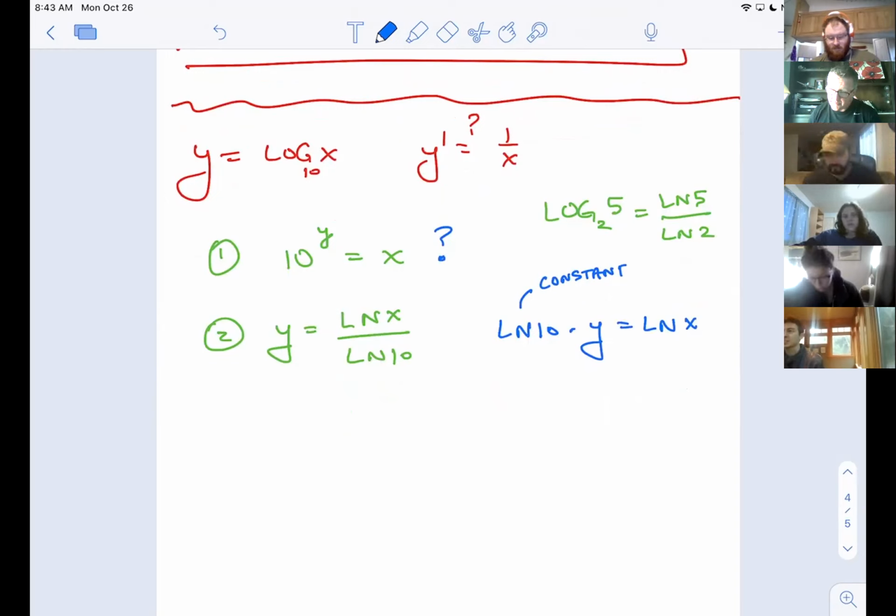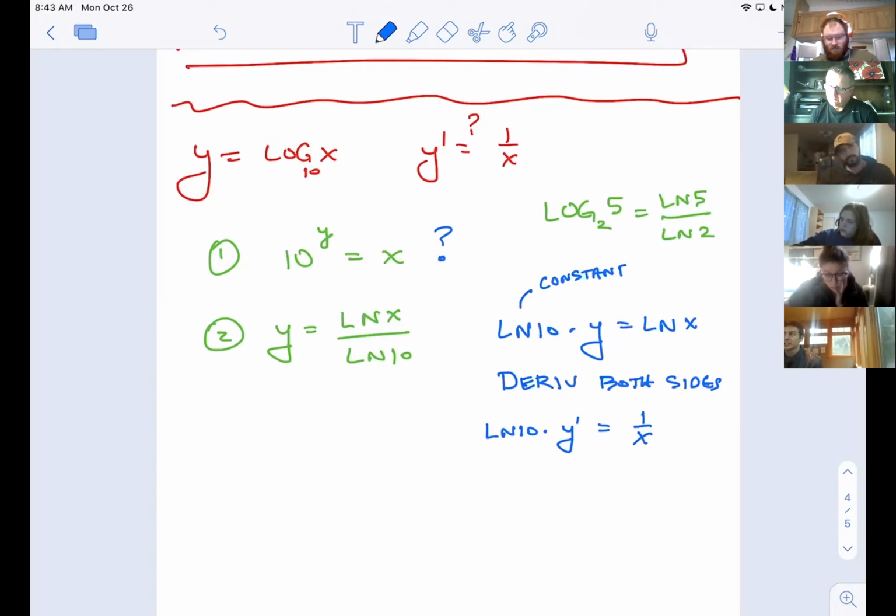So now when I take the derivative of both sides, the derivative of, if that was a 5y, would just be 5y prime. So the constant just comes along for the ride. Natural log of 10 is a constant, derivative of y is y prime. And we know the derivative of natural log of x is 1 over x. So then I guess I just have to divide by the natural log of 10.